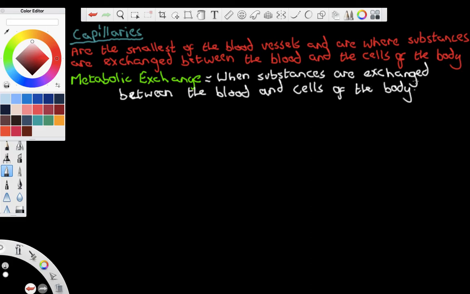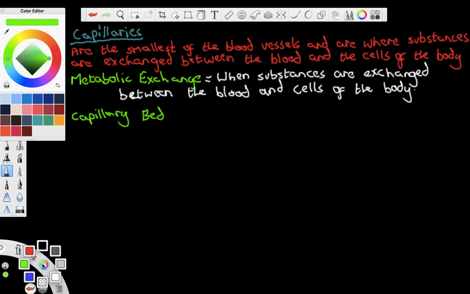Now, capillaries are not found as single blood vessels. They are found as what are known as capillary beds. Capillary beds are networks of capillaries that go through tissues, and they increase the surface area for exchange. So a capillary bed is another key word.